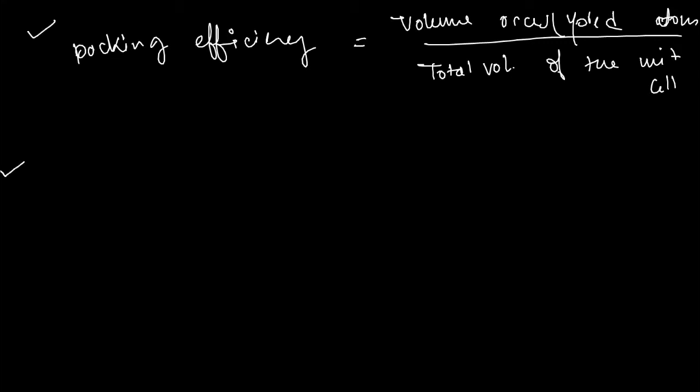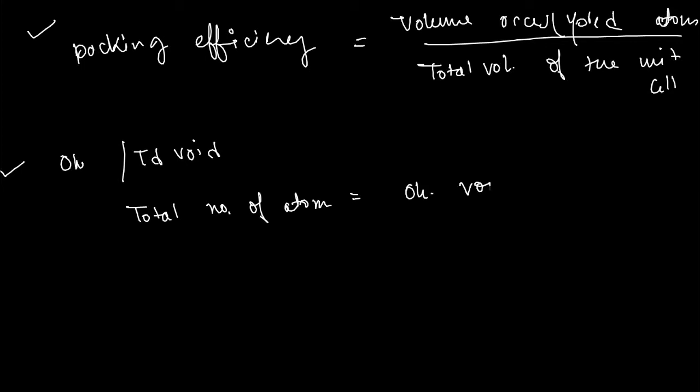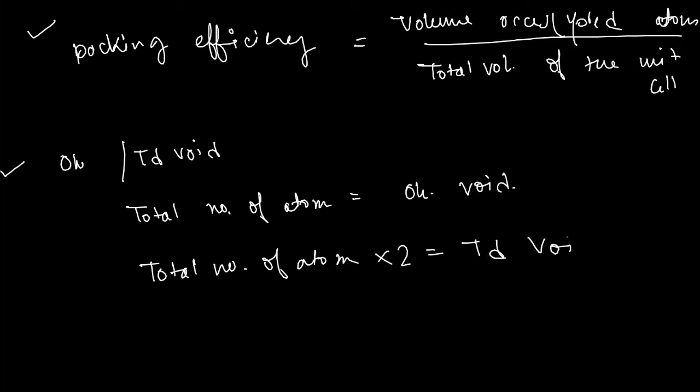Another thing you have to know is about octahedral and tetrahedral voids. The total number of atoms is equal to the number of octahedral voids. And the total number of atoms into 2 will be equal to the number of tetrahedral voids. This one is another relation that we have to know.